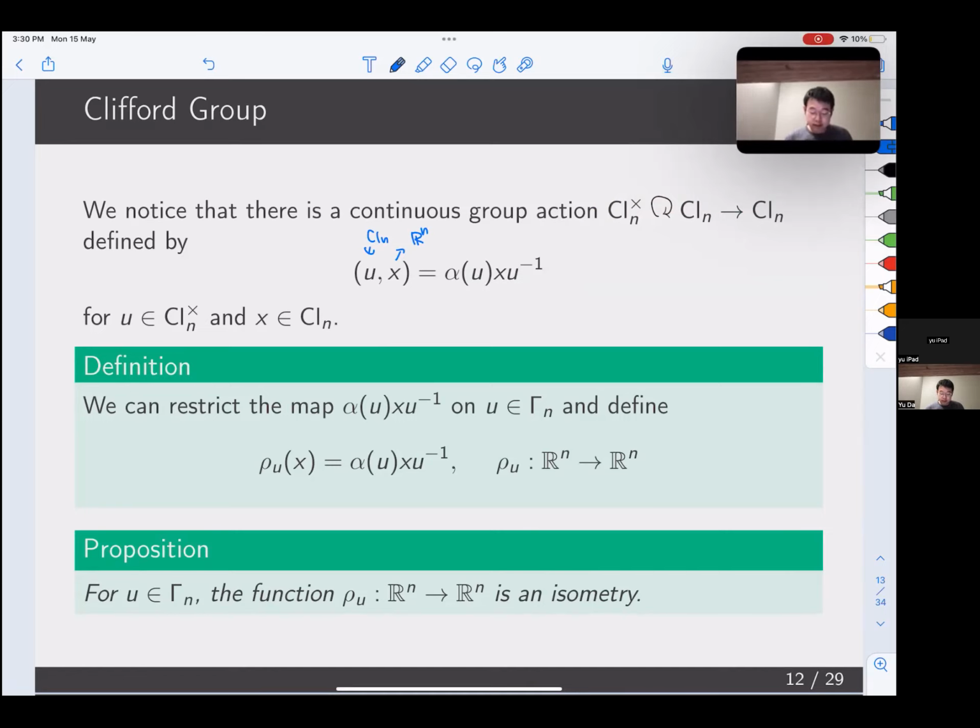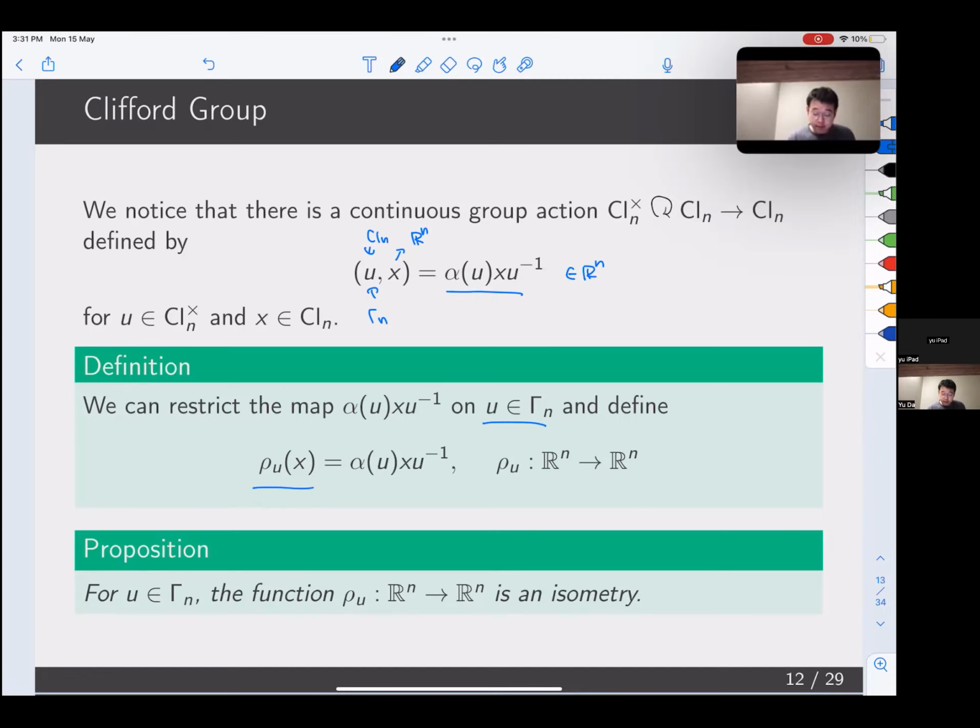And next, if we restrict U to be inside gamma n, this whole thing would be inside Rn. So we can define the map rho U, that is, rho U on X is just alpha(U) X U inverse.